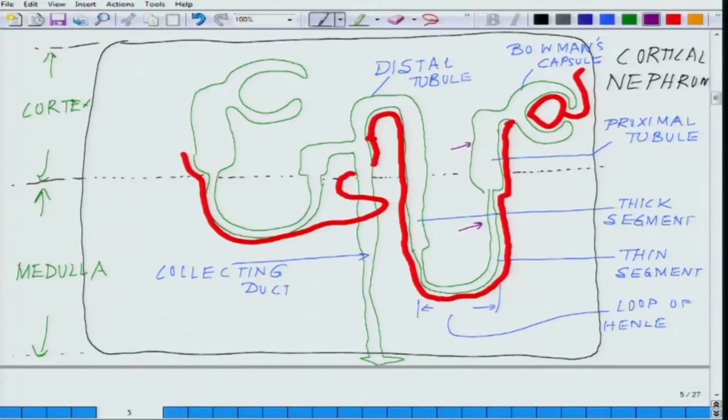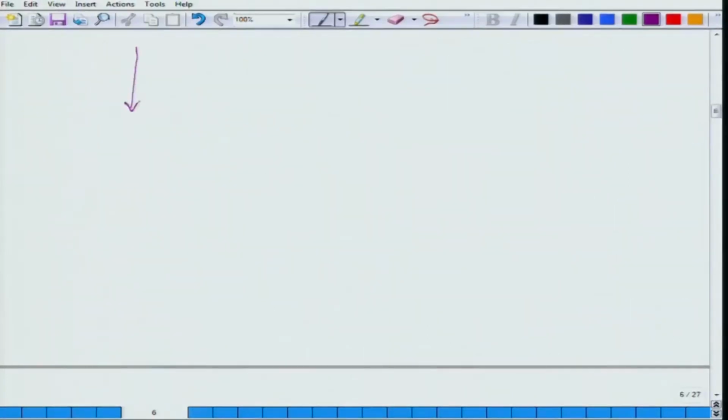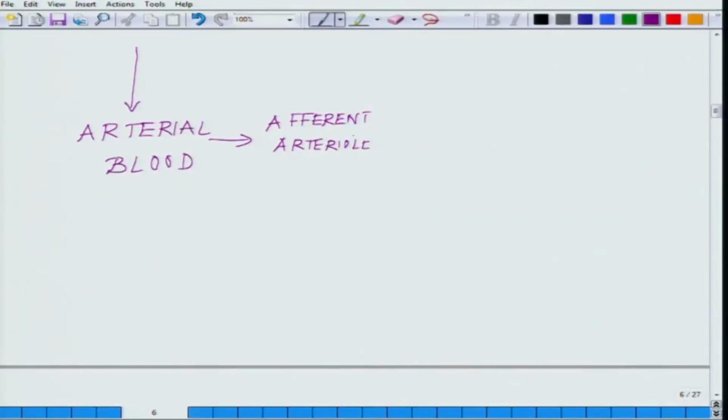Now let us summarize what we have done. You have arterial blood coming into the kidney through the afferent arteriole, the one which is bringing the blood.